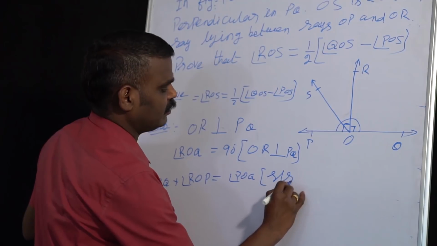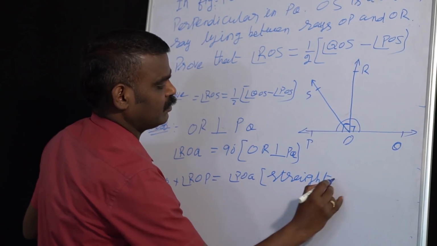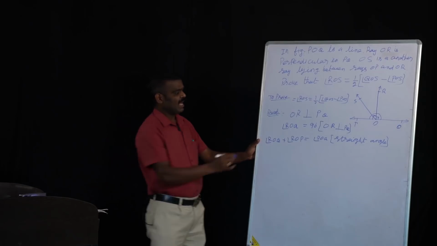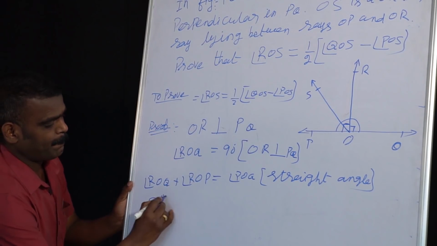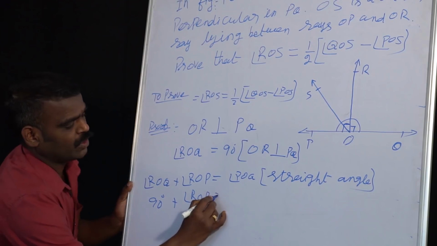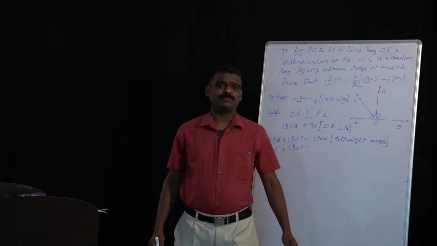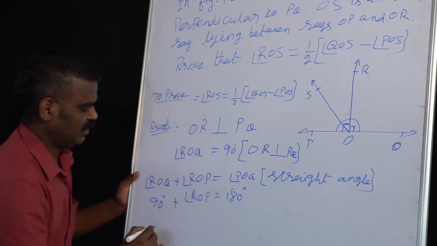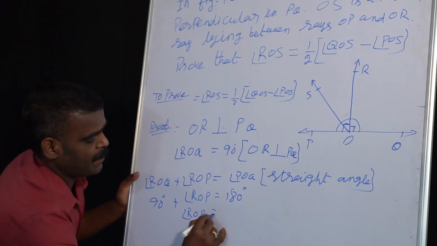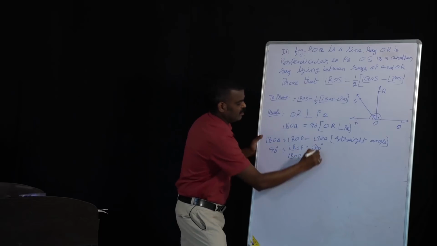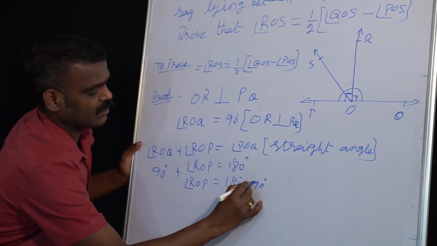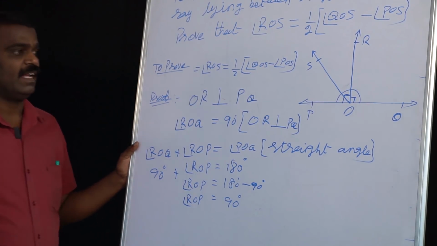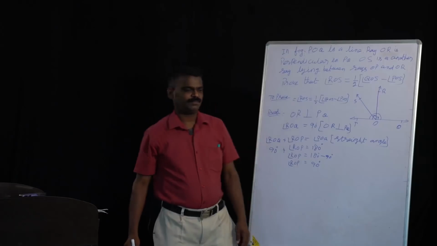A straight angle, right? Angle ROQ is 90 degrees, angle ROP we do not know. A straight angle is equal to 180 degrees. So 180, take this 90 to the other side, it becomes minus 90 degrees. So this angle ROP is also 90 degrees. Okay.